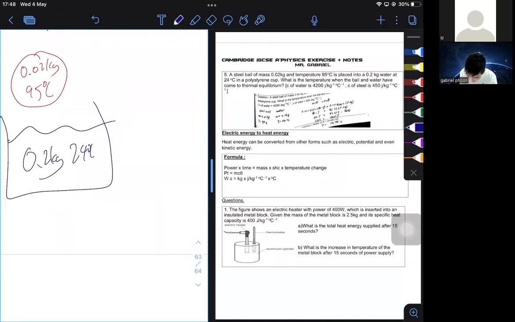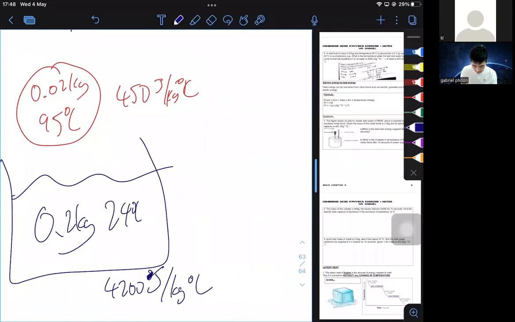Then they say that the specific heat capacity of steel is 450 joules per kg degree Celsius, and the water has a specific heat capacity of 420 joules per kg degree Celsius. So these are all the information we need.